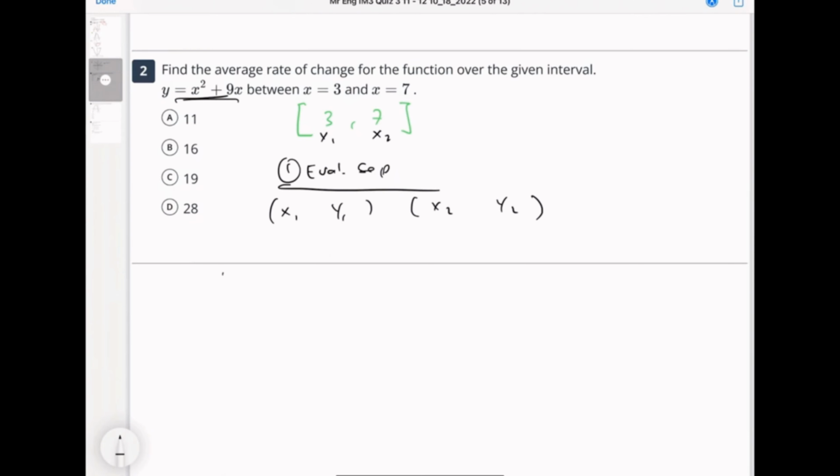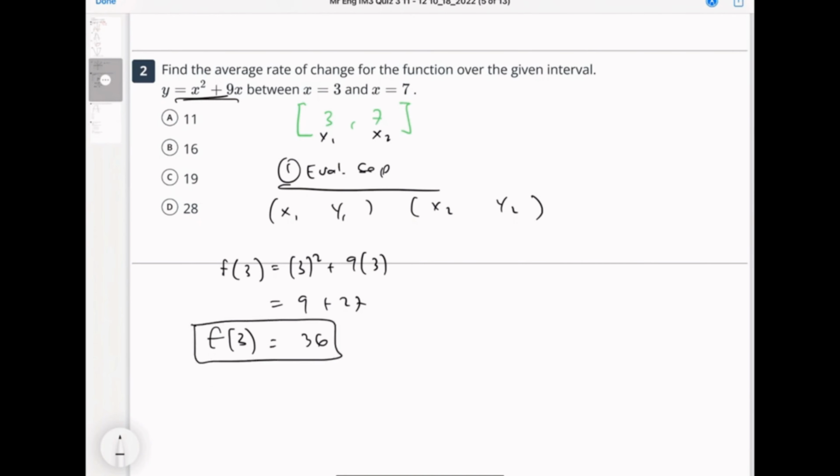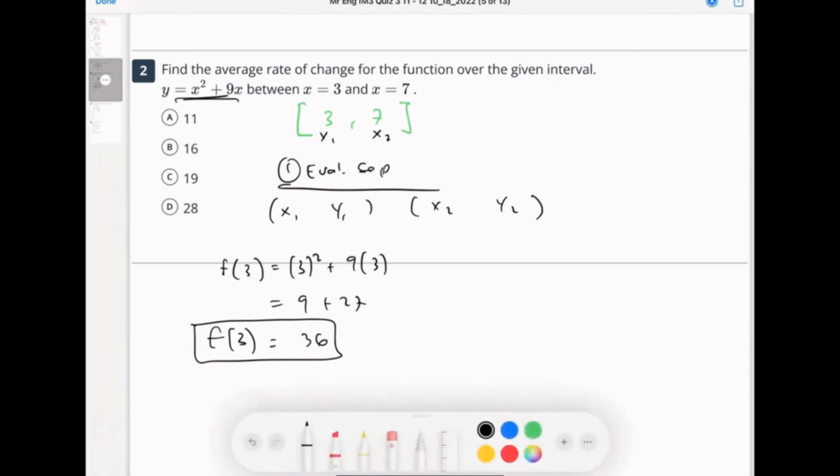So let's put in 3. This will give us 9 plus 27. So f of 3 equals 36. So that ordered pair is going to be 3, 36.